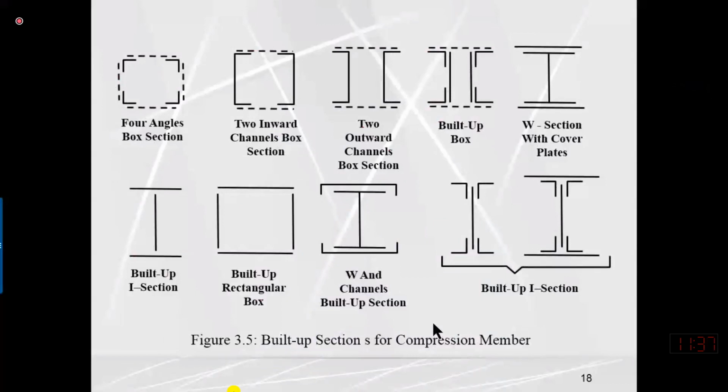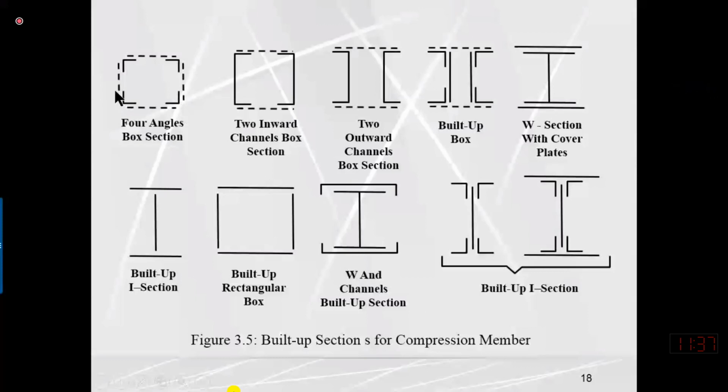So we need more moment of inertia about either axis, or more radius of gyration. How can we increase the moment of inertia or radius of gyration? By placing different single sections at a larger distance and connecting them with lacing and tie plates.